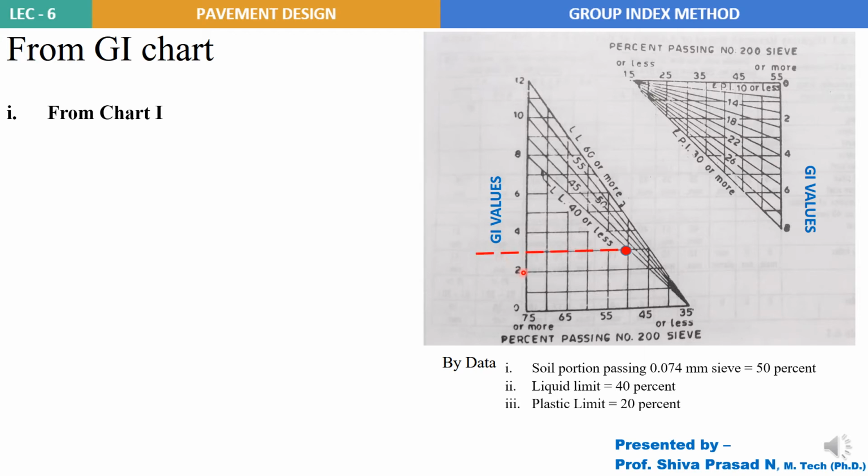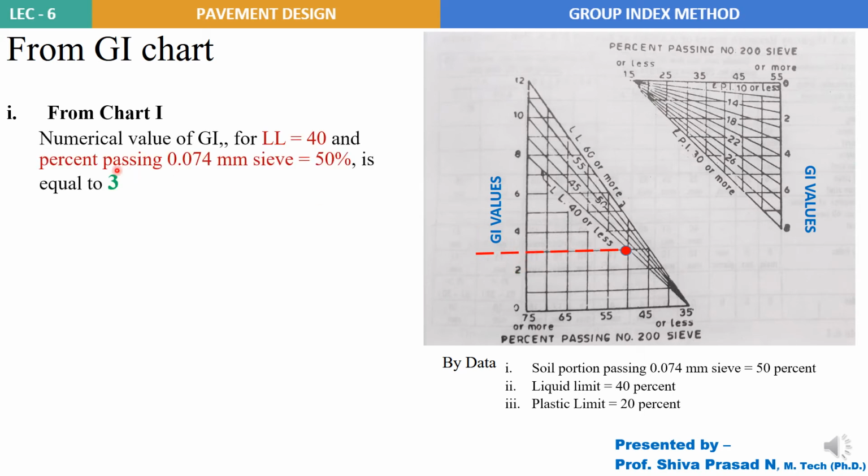That reads a group index value of, I think, 3. This is 0, 2, 4, 6, 8 and so on, so in between 2 and 4 we can read it as 3. That is the group index for liquid limit 40 and 50% passing 0.074 mm sieve, which works out to 3 from chart 1.